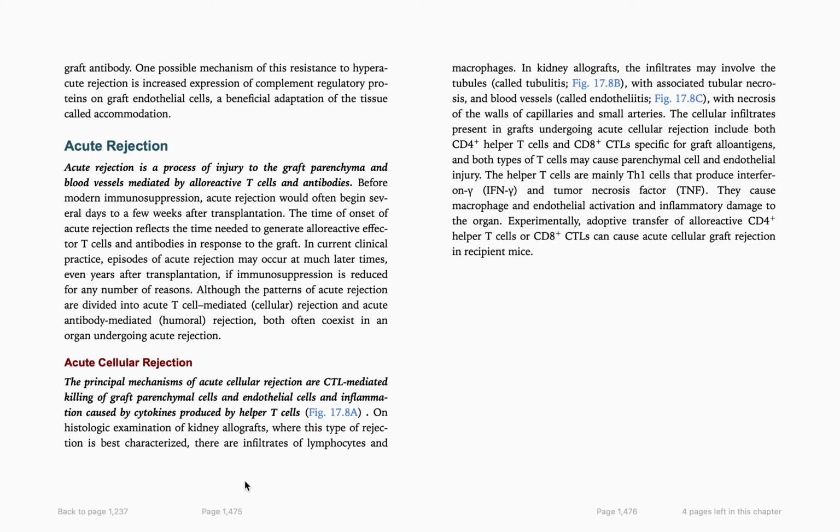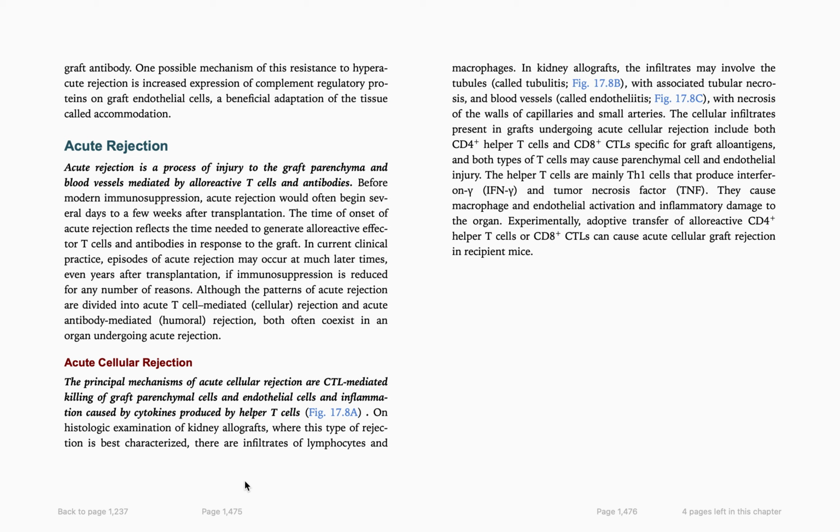Acute cellular rejection. The principal mechanisms of acute cellular rejection are CTL, cytotoxic T lymphocyte-mediated killing of graft parenchymal cells and endothelial cells, and inflammation caused by cytokines produced by helper T cells. On histological examination of kidney allografts, where this type of rejection is best characterized, there are infiltrates of lymphocytes and macrophages.